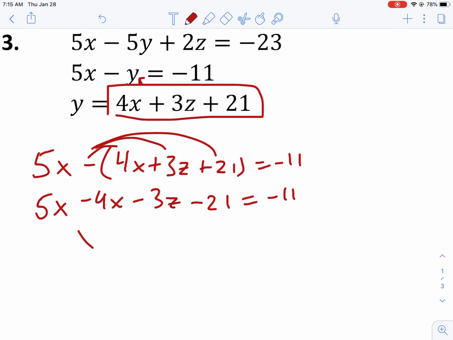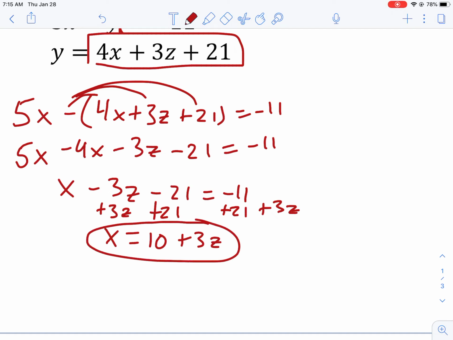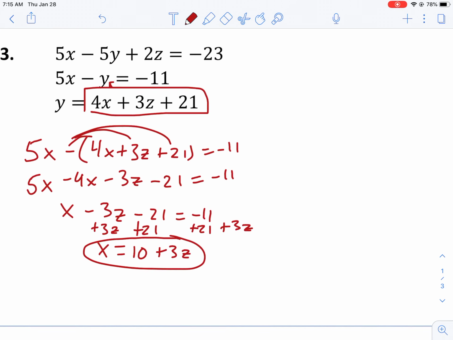Okay, 5x minus 4x, that's x minus 3z minus 21 equals negative 11. I'm going to add both of those over to the other side at the same time. Negative 11 plus 21, that's going to be 10. And then I'm going to add the 3z over as well, but those aren't like terms, so we'll just get 10 plus 3z. So now we have x equals 10 plus 3z.